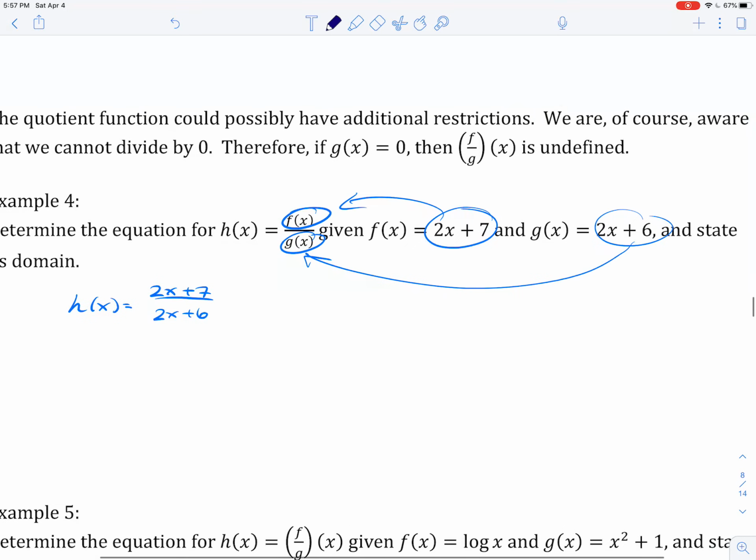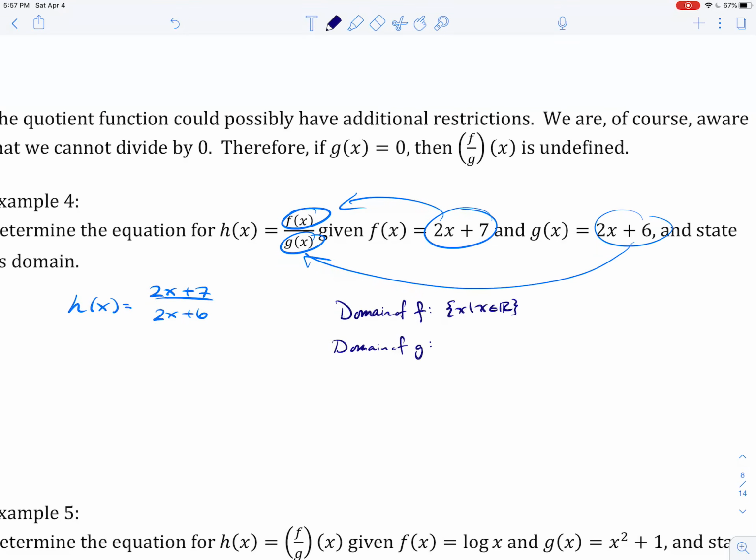We look at the domain of f. Oh, that's just a line. I guess that's all real numbers. We'll look at the domain of g. That's just a line too.